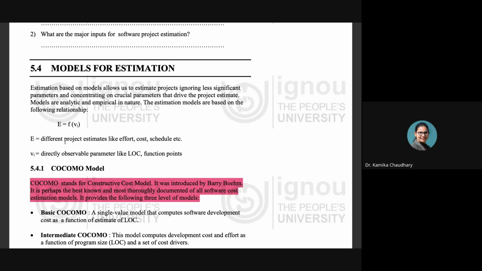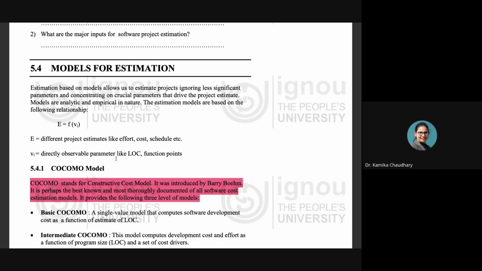E is the different project estimates like effort, cost, schedule, etc. v_i is the directly observable parameters like lines of code and function points. So the estimate is going to be a function of these. We need to know about this relationship existing between the project estimates and the various observable parameters like LOC and function points.